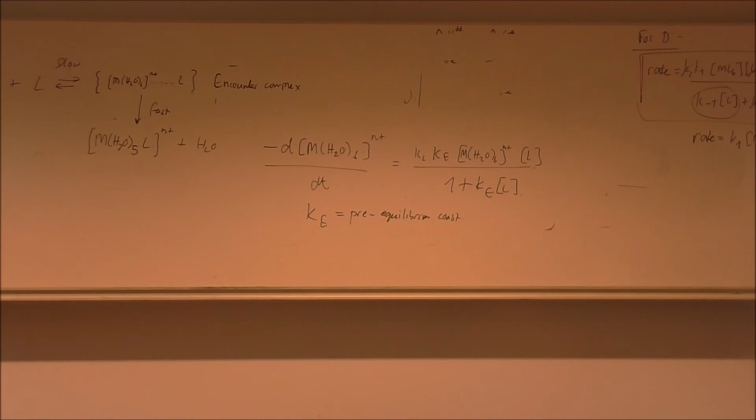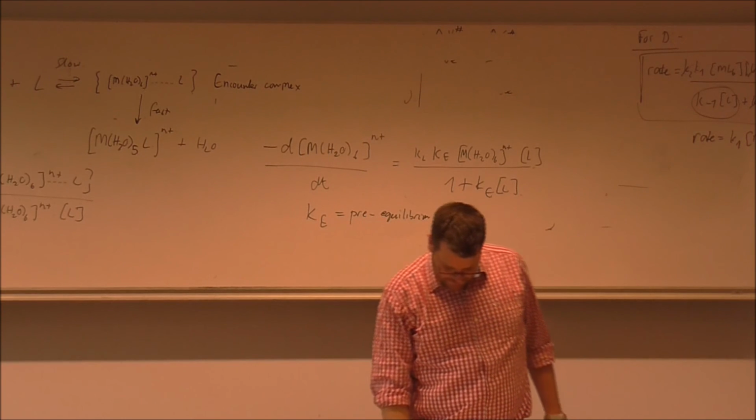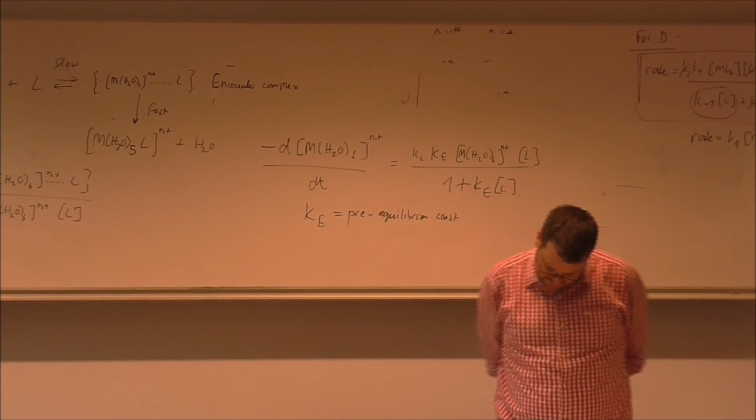And the pre-equilibrium constant is nothing more than simply this equilibrium: the concentration of the encounter complex over the concentration of M(H2O)6 times the concentration of L. That is essentially what that is.